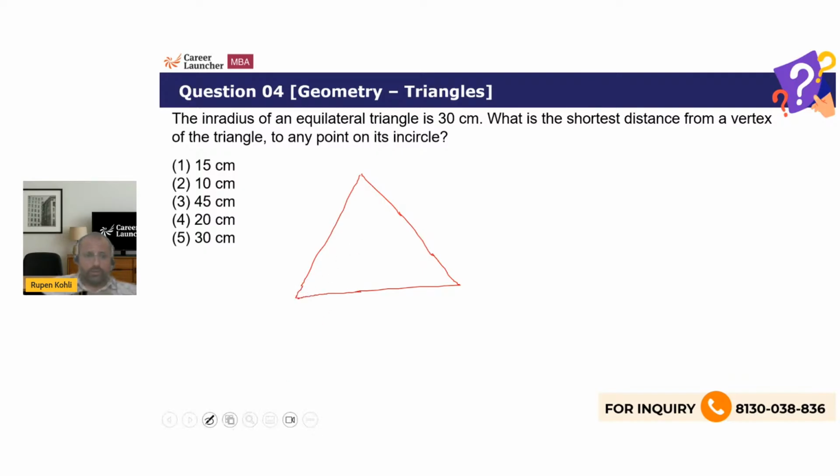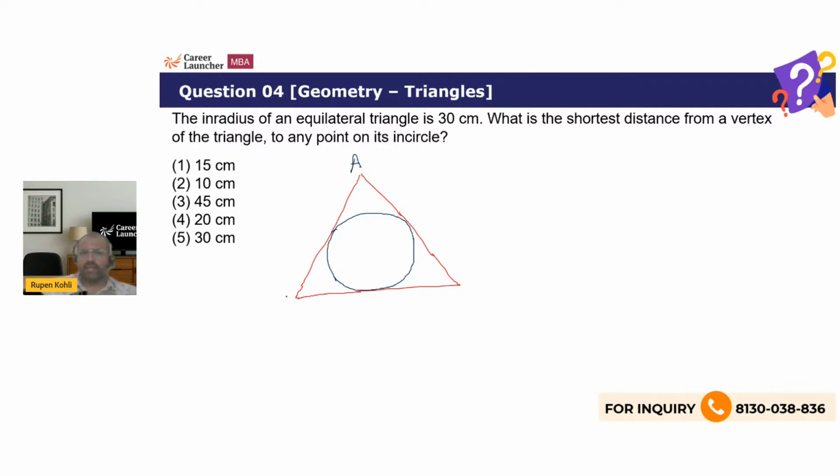Let's say that is your incircle. The inradius is given as 30. What is the shortest distance from a vertex of the triangle to any point on its incircle? The question is asking something very unique. Look at this very carefully.